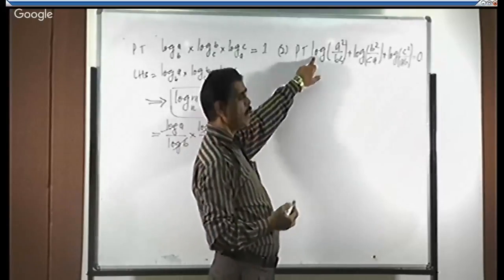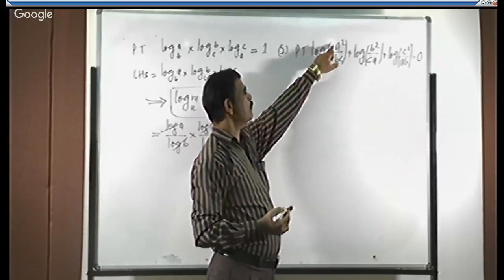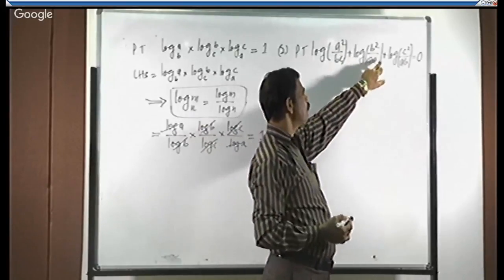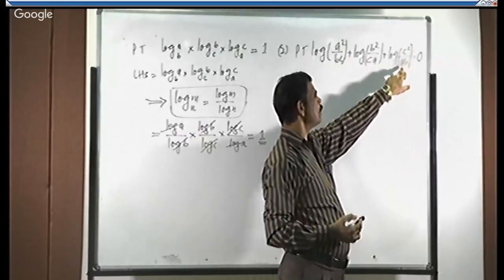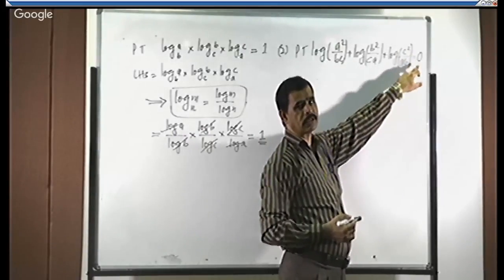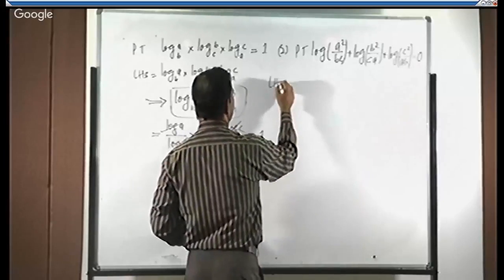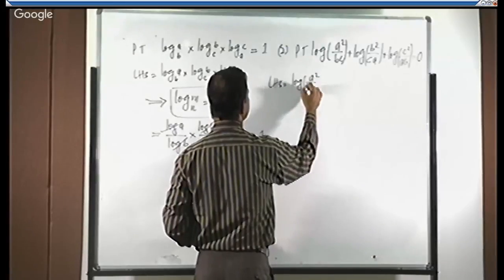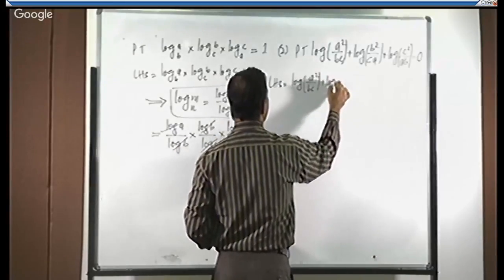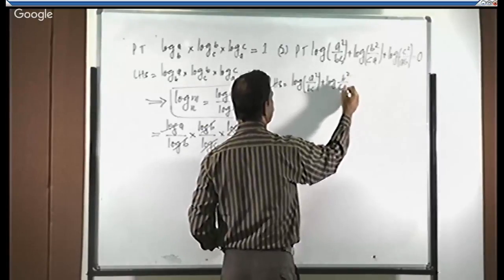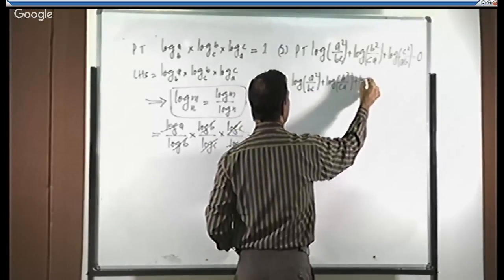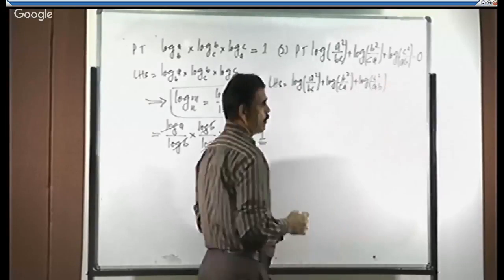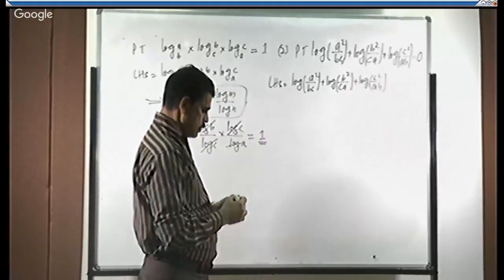The problem is we need to prove that log of a square divided by bc plus log of b square divided by ca plus log of c square divided by ab should be equal to 0. Take the left hand side. Log of a square by bc plus log of b square divided by ca plus log of c square divided by ab. This is the left hand side of the problem.